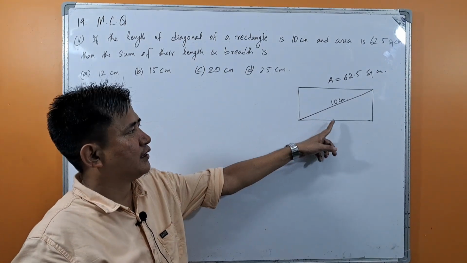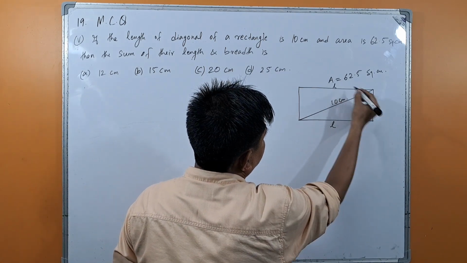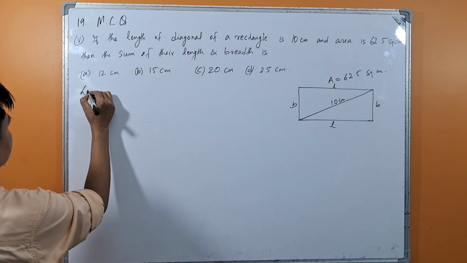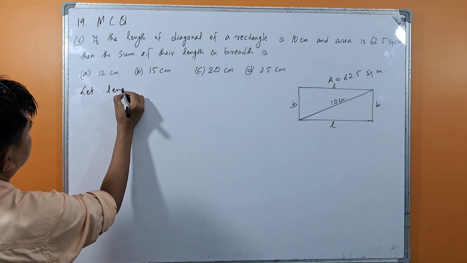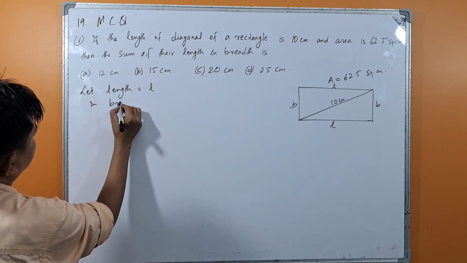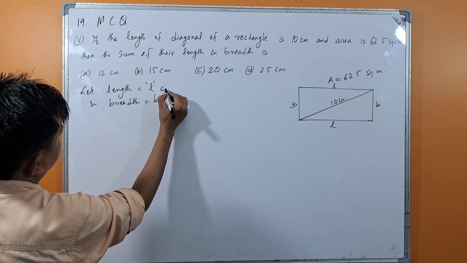Length and breadth are not given, so we will suppose length as L and breadth as B. Let length equal to L and breadth equal to B centimeter.